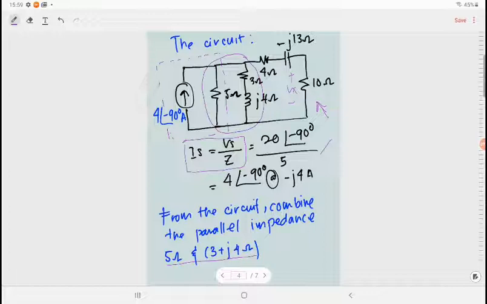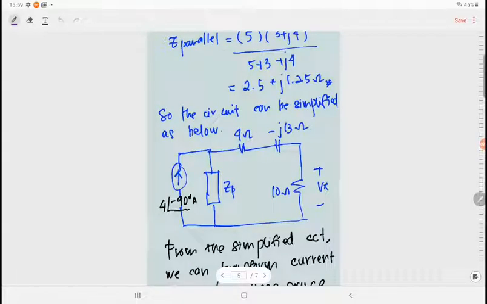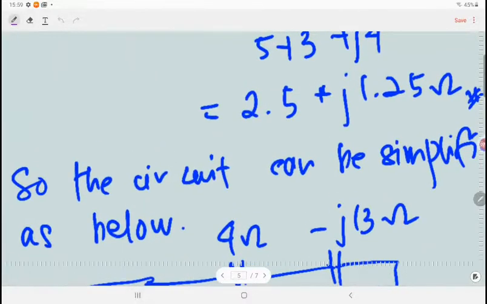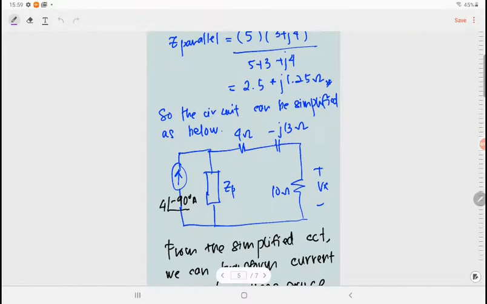So by combining 5 ohm parallel with 3 plus j4 ohm, this is our Z parallel. So Z parallel is 5 times 3 plus j4 divided by 5 plus 3 plus j4.